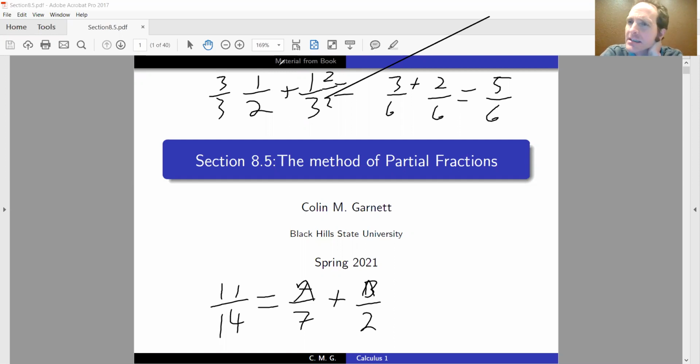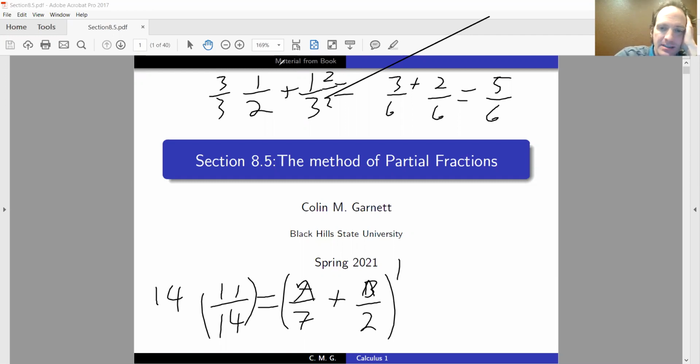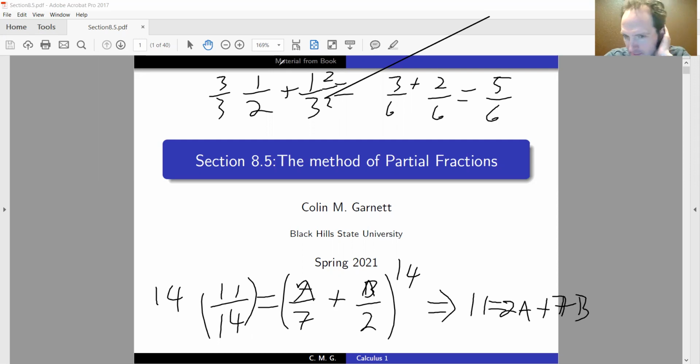The idea here is to split up that fraction as much as I can. The trick for doing this is actually the same as it would be for a rational expression. I'm just going to multiply by the denominator on both sides. The denominator cancels on the left, so I get 11, and then I get 2A plus 7B on the right.